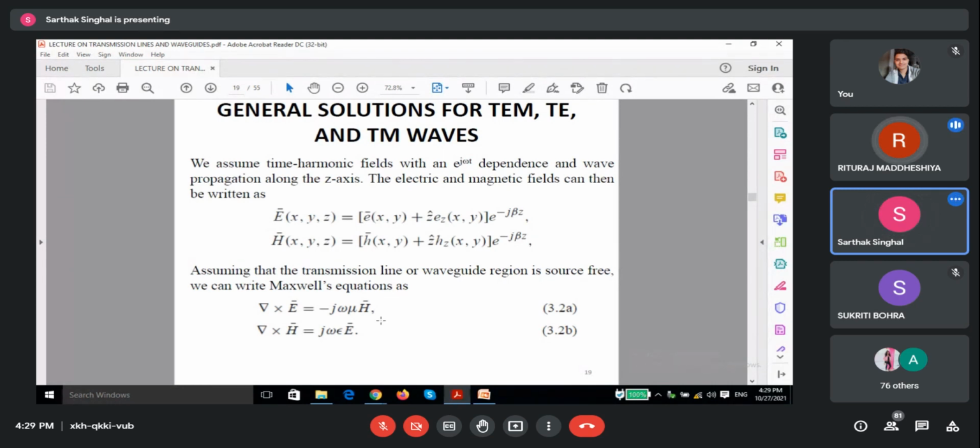And in equation 3.2b, which is the fourth equation, which term is missing, JD or JC?